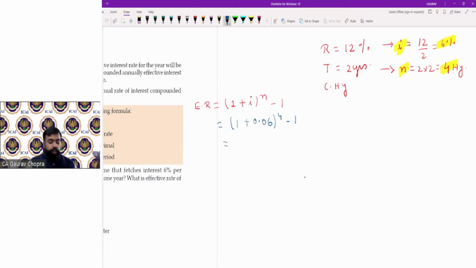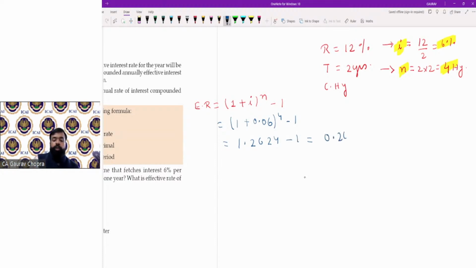Now see the calculation. 1.06 multiply, press equal to for 3 times. So 1.2624, minus 1.